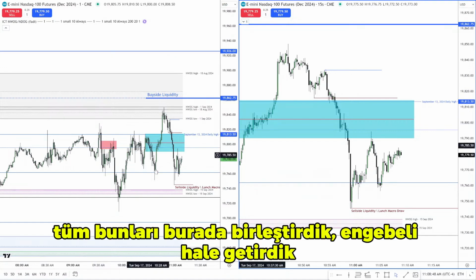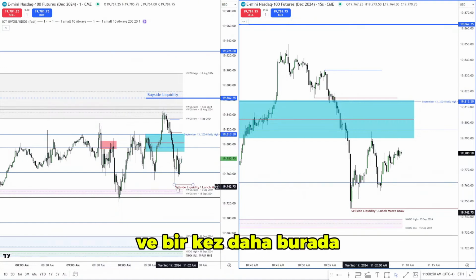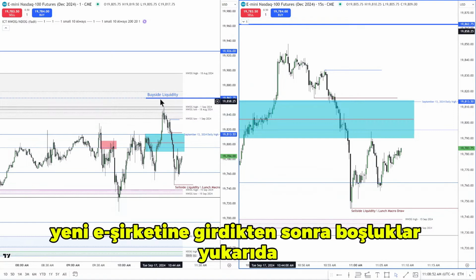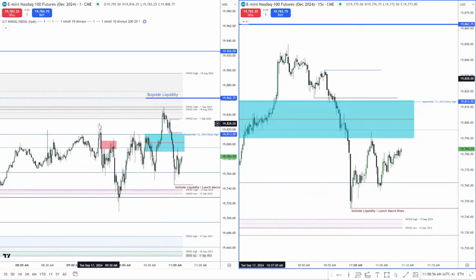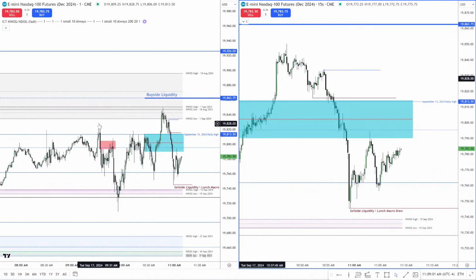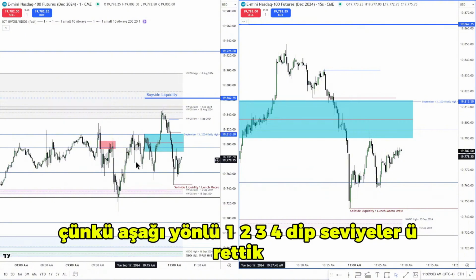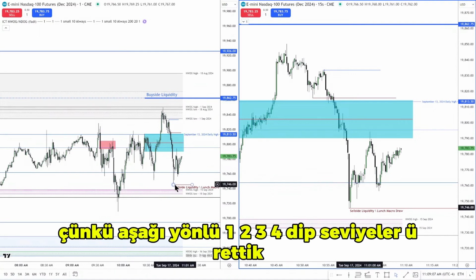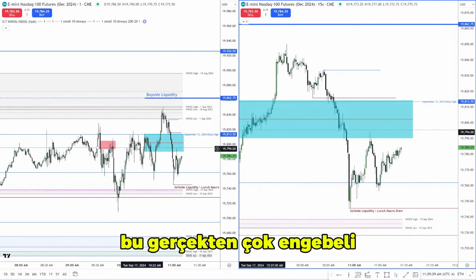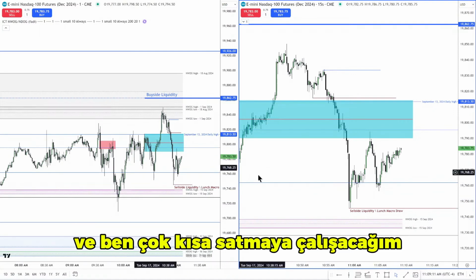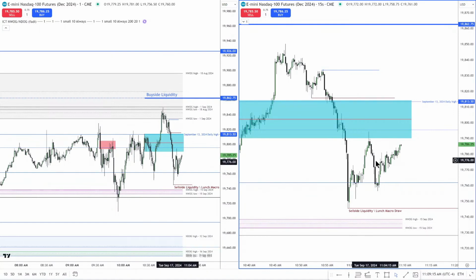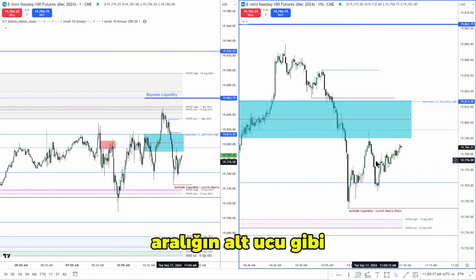We consolidated, made all of this in here jagged, and once more here after trading into the new week opening gaps above the initial high of the day. Because we've had 1, 2, 3, 4 lows produced to the downside, this is really, really jagged. And I would be trying to sell short in the very low end of the range.